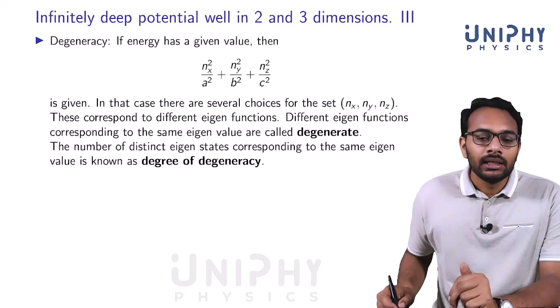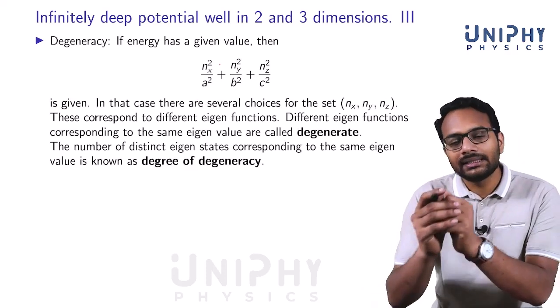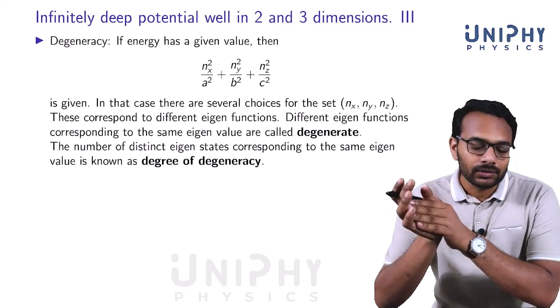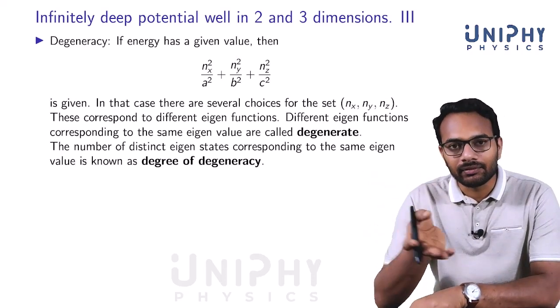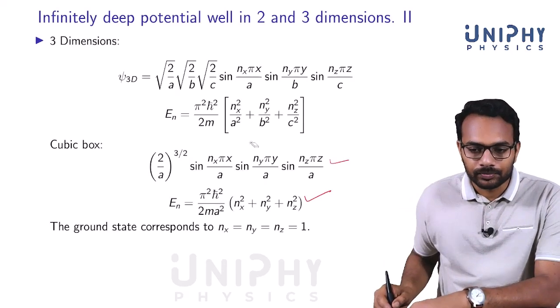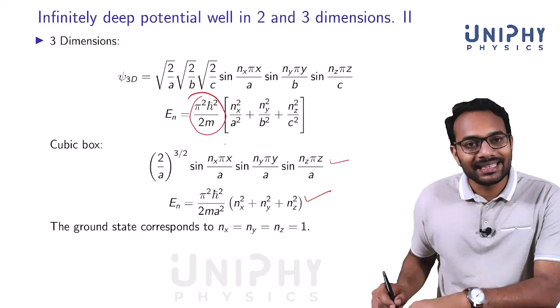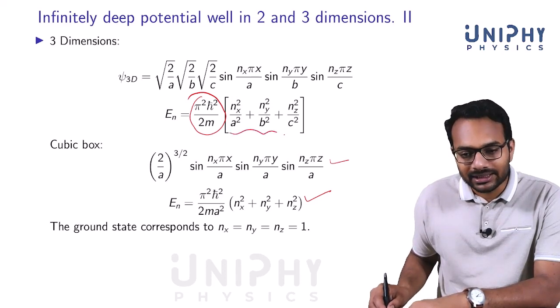Now we go into the issue of degeneracy. Let's say that the energy has a given value. Let's talk about the 3-dimensional potential well. If you say that the energy has a given value, that means that this value is fixed.